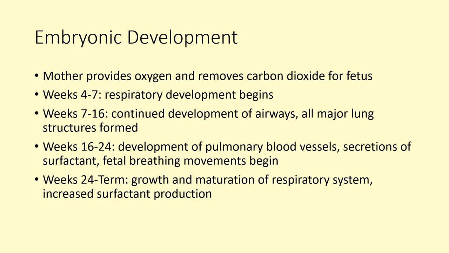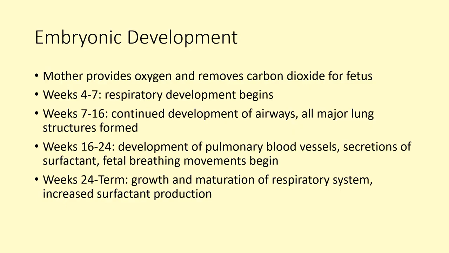In terms of embryonic development, the mother is going to provide the oxygen and remove the carbon dioxide for the developing fetus. Respiratory development begins between weeks 4 and 7. Between weeks 7 and 16, you have the development continuing of all the airways. By the end of about week 16, all of the major lung structures have been formed. Between weeks 16 and 24, you have development of the pulmonary blood vessels.